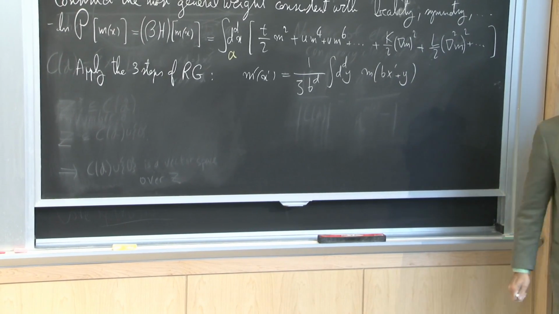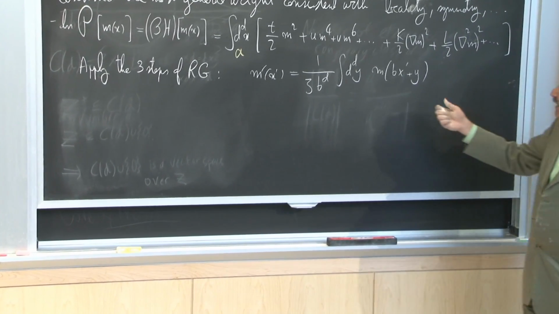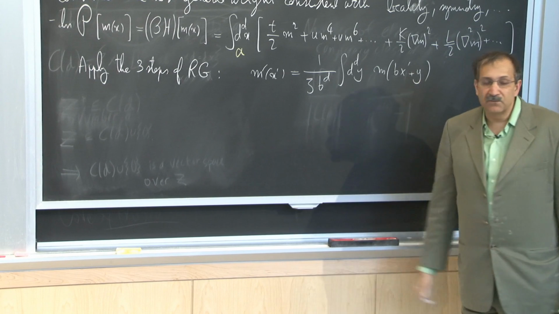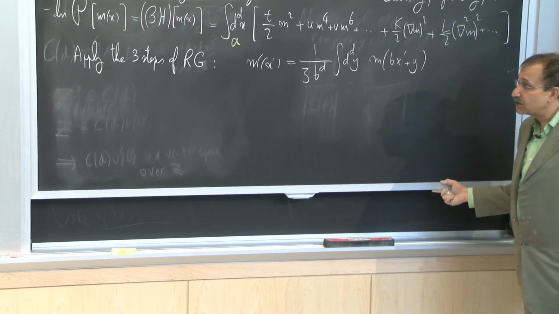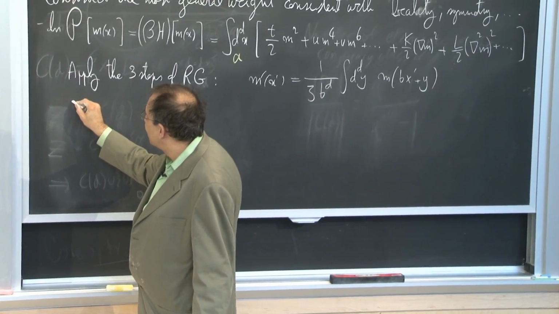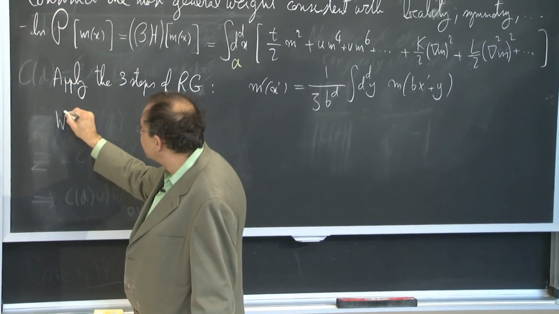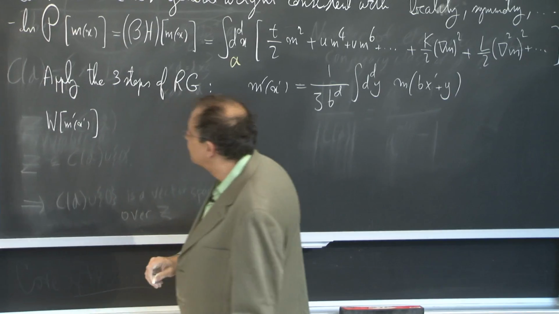Okay? So in principle, this is just a transformation from one set of variables to a new set of variables. If I do this transformation, I can calculate the weight of the new configurations, m prime of x prime.